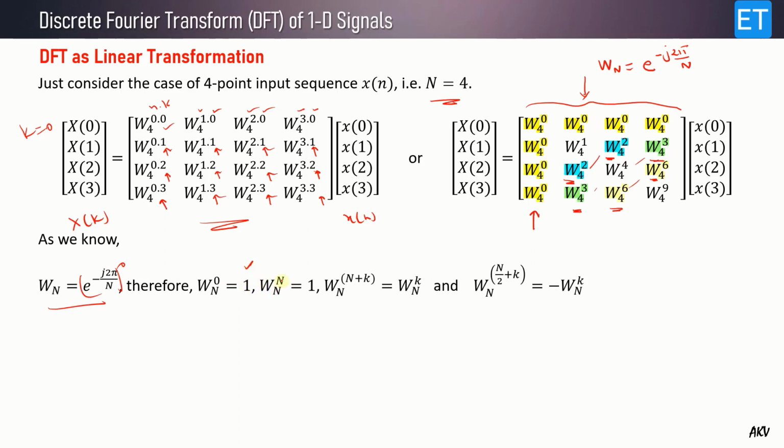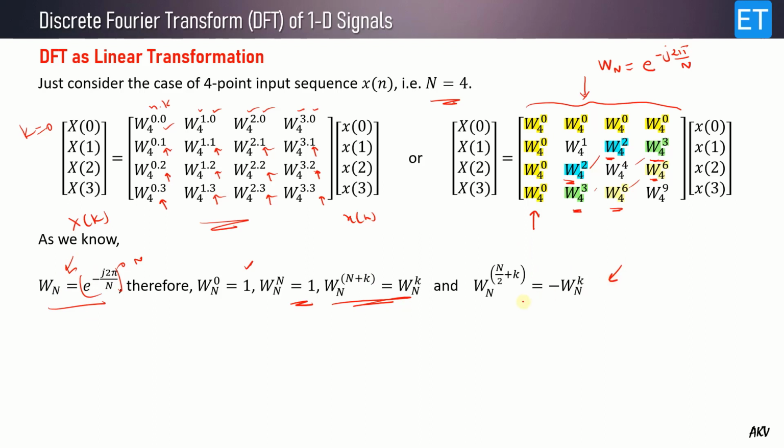Similarly, Wnn, that means the overall power n, the n will cancel out. So this is only e power minus j 2 pi, and e power minus j 2 pi is simply equal to 1. So you just expand this e power minus j theta, that is cos theta minus j sin theta. So you will get this one. And this is one more relationship, W n+k equal to Wnk for this Wn.